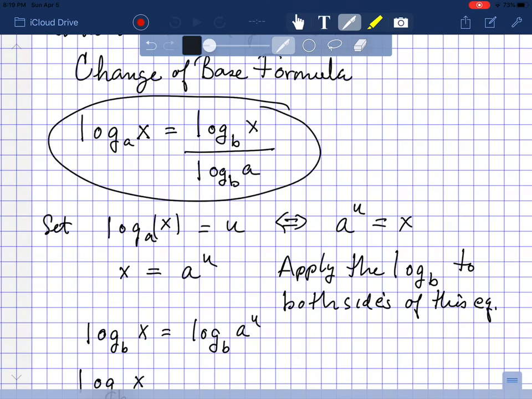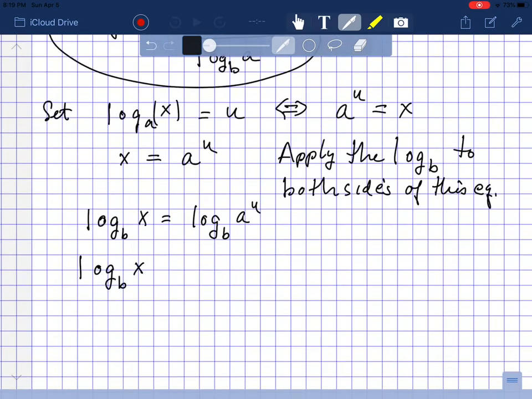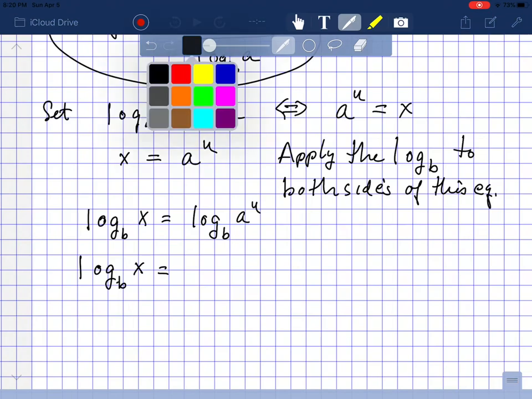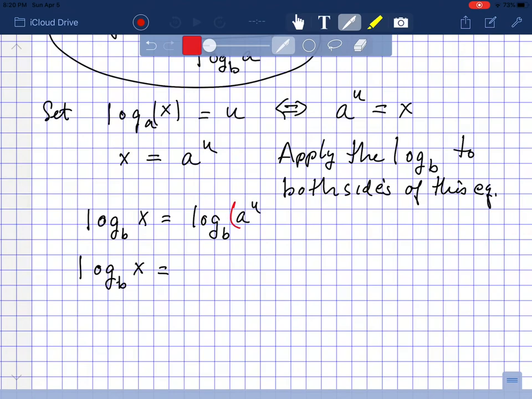If you look at this, it looks like, gee, this might be kind of tough to prove. But in point of fact, this is very easy. So I have the log base b of x. Here we're taking the log base b of a to the u power. I'm going to bring that u out in front.